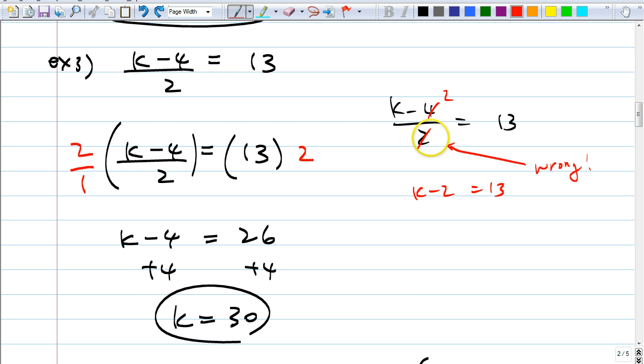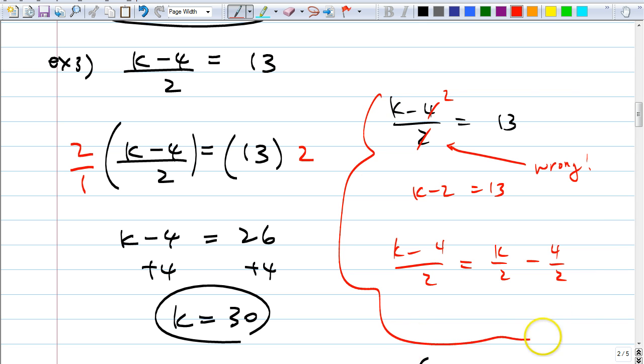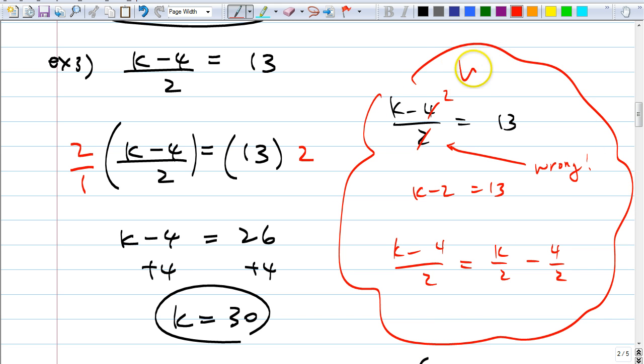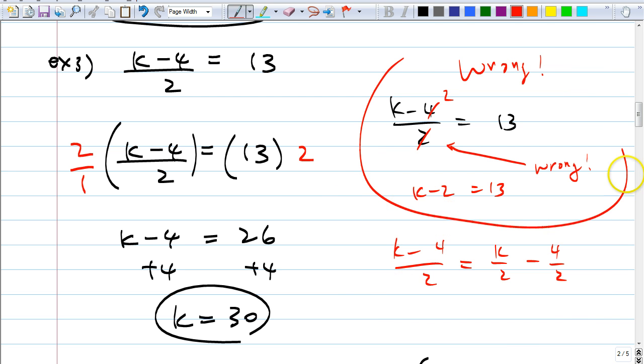So you could think of k minus 4 over 2 as k over 2 minus 4 over 2. This is what it means. So you can't just cancel these out. You still have k over 2 here. Does that make sense? Please be careful. If you did that, this part is right, but this will be wrong right here.